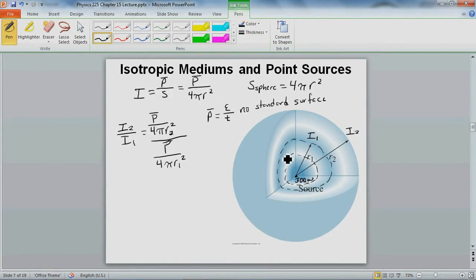So if I were to have a little differential area on this surface, this sphere that's defined by R1, and I integrate the amount of power, differential power, through all these little areas coming through the light energy, and I integrate all around that sphere, I would expect to come up with 300 watts, because all of the energy that's being sent from this source and the amount of power is going to be constant.